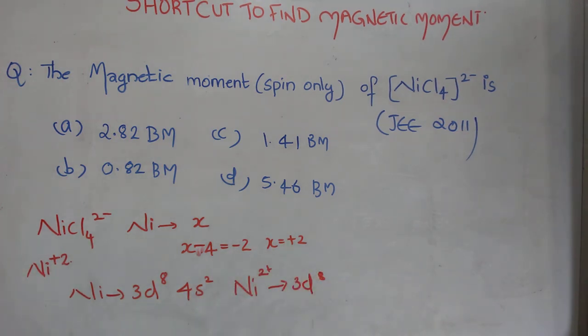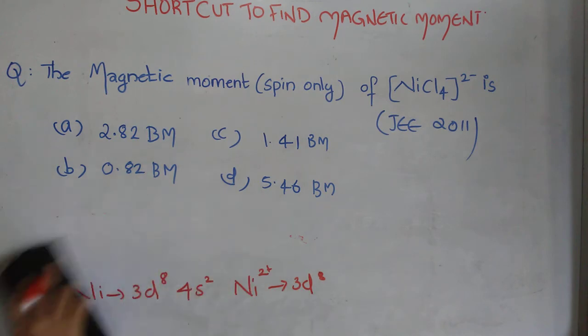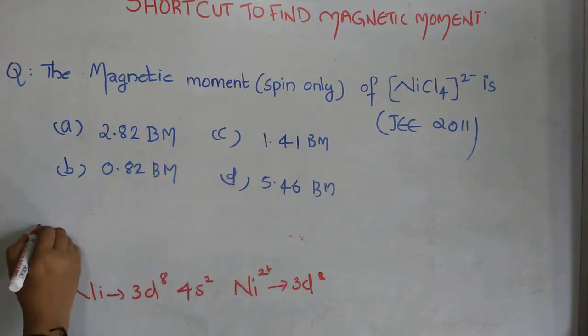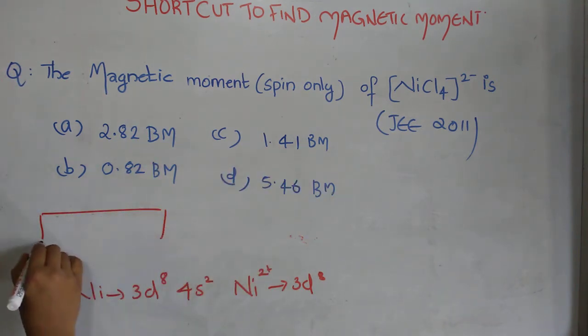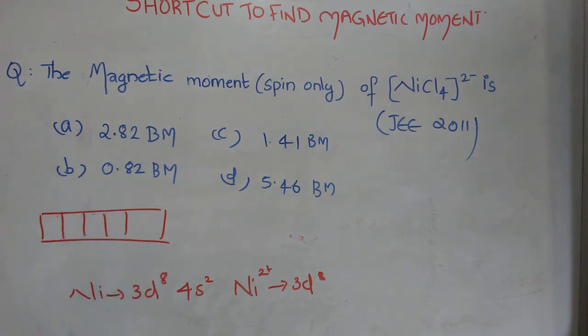In the next step, we will be drawing the configuration, and chlorine is a weak field ligand, so there is no pairing. I will be taking the splitting of d orbitals and strong and weak field ligands in the next video.